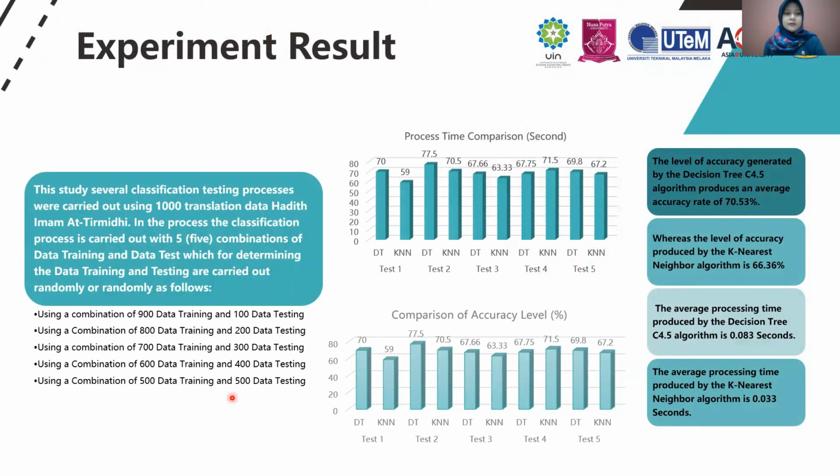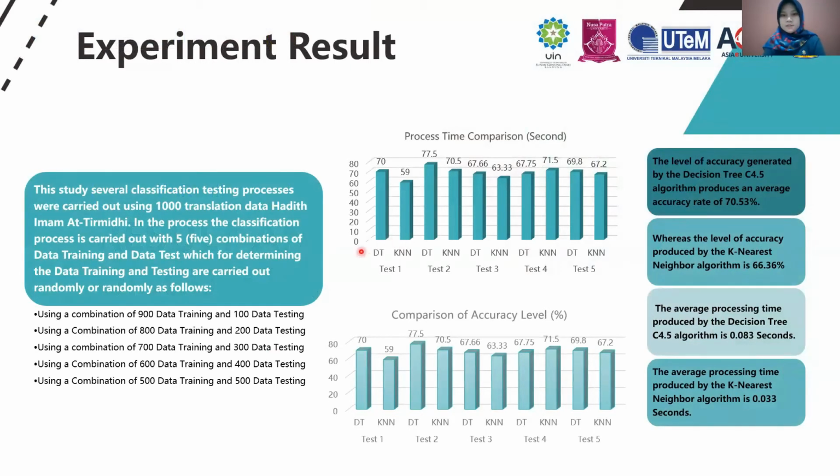This training data and testing data are divided randomly, such as we have 900 training data and 100 testing data. Then we have 800 training data and 200 testing data until we have 500 training data and 500 testing data.